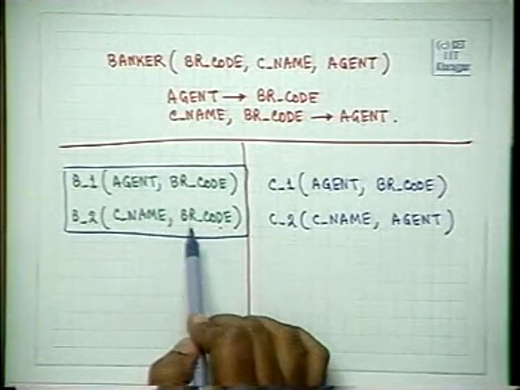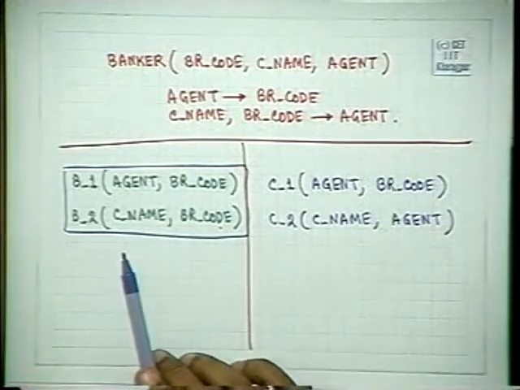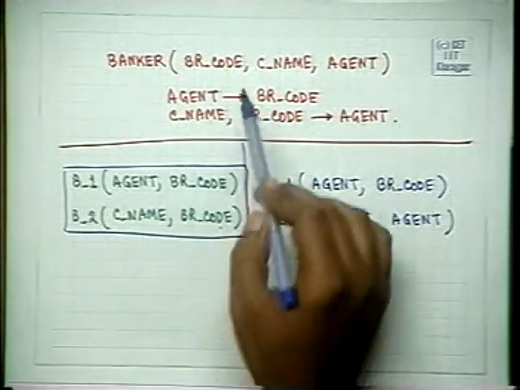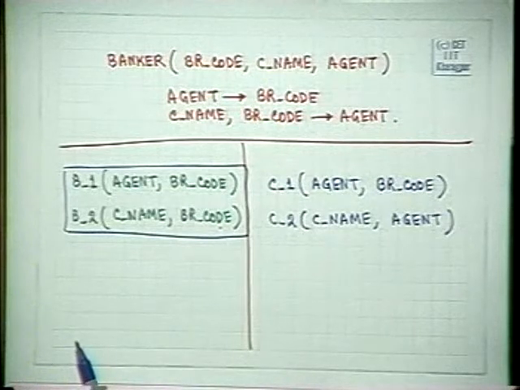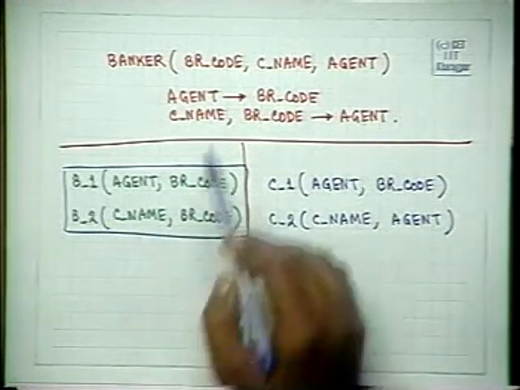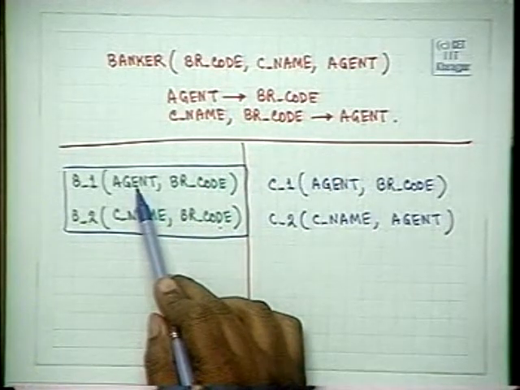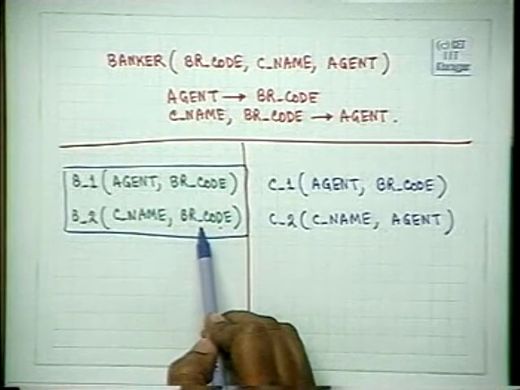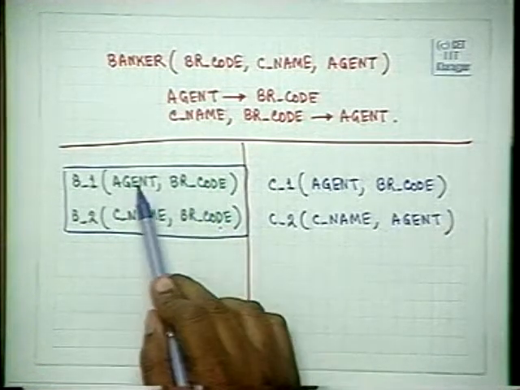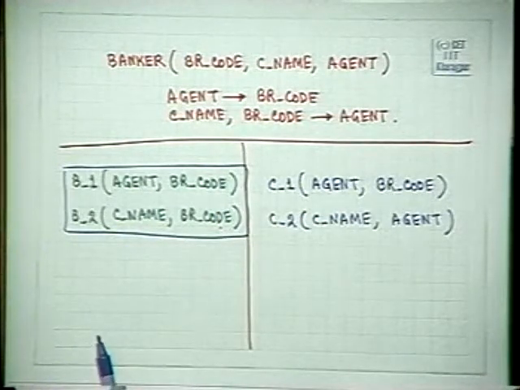If it is not a primary key or a candidate key in any one of them, then the relationship will not be able to get back the original one. For example, for this customer you will get all the agents of a particular branch.